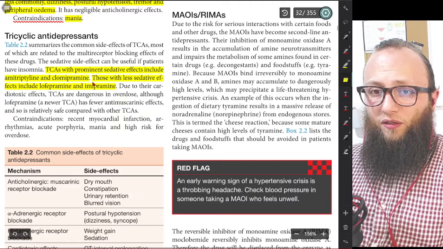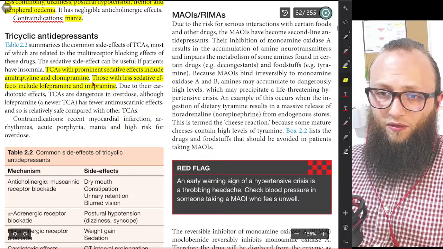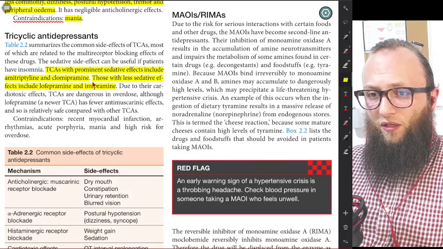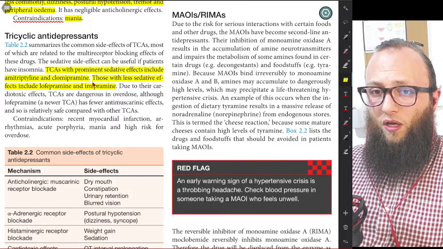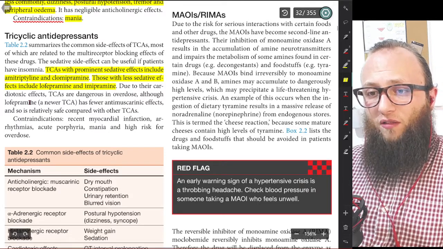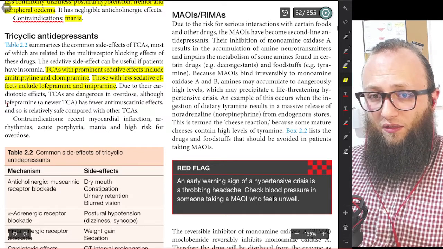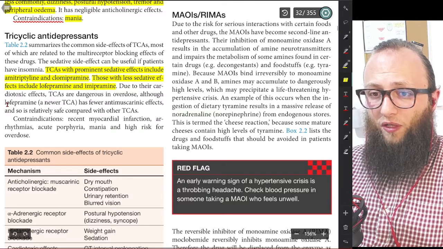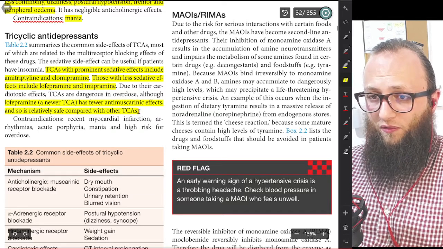Due to their cardiotoxic effects, tricyclic antidepressants are dangerous in overdose, although lofepramine, a newer tricyclic antidepressant, has fewer antimuscarinic effects and so is relatively safe compared with other tricyclic antidepressants.